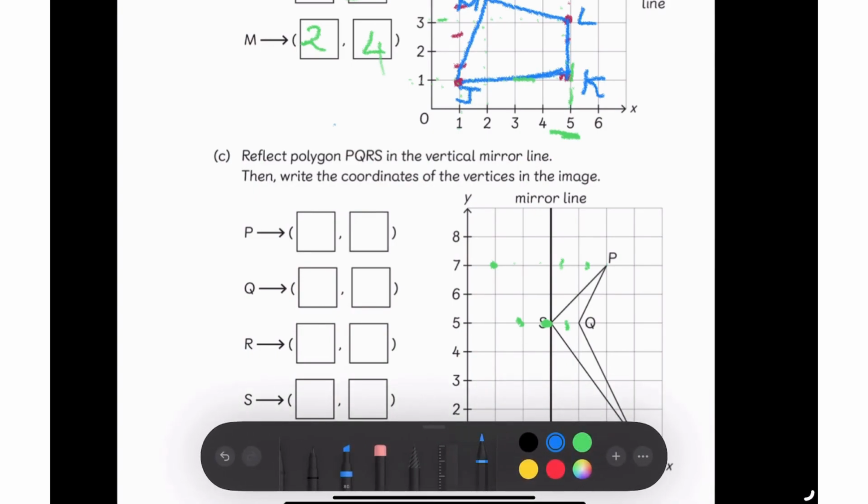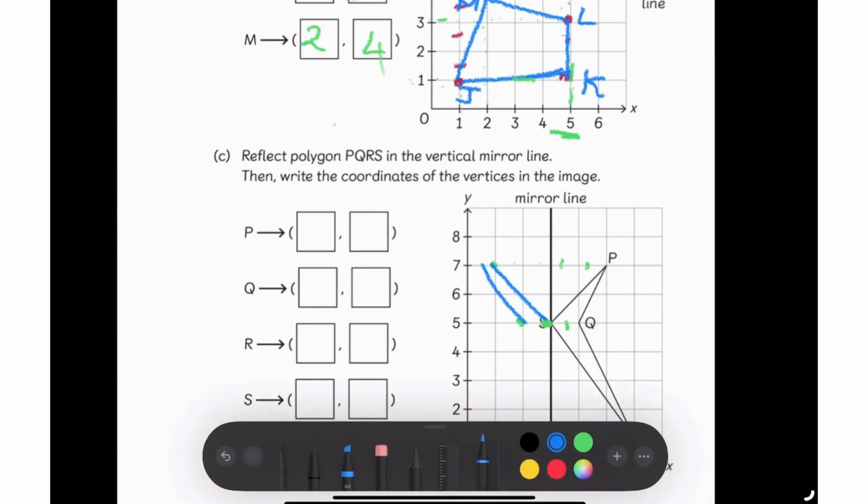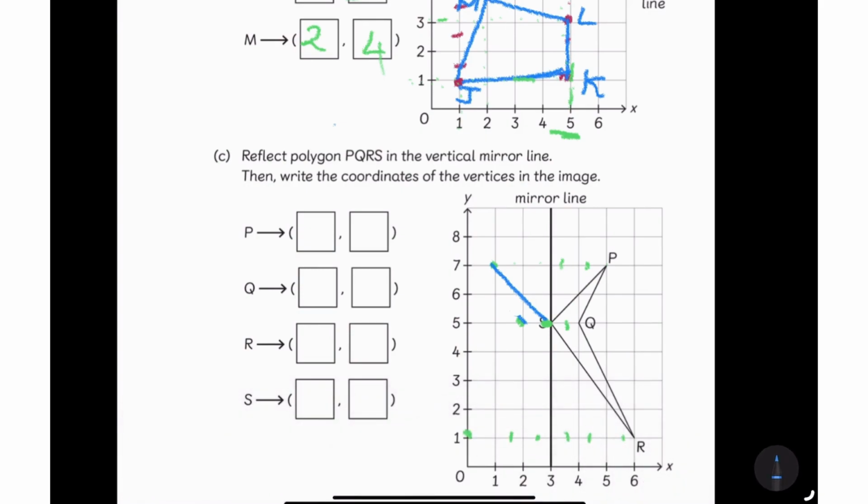Right? Now let's try to join the figure. So my S and P, then comes my Q. Sorry, just went a little bit away. Let's rectify that. Okay, I will try to join it in a perfect way. Then I have my R, right?